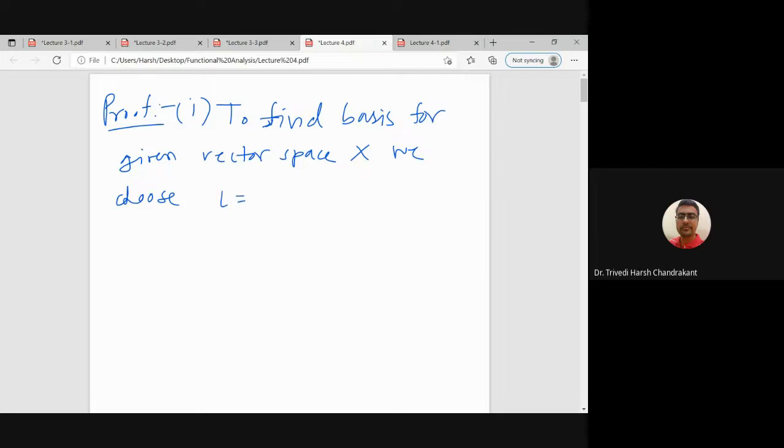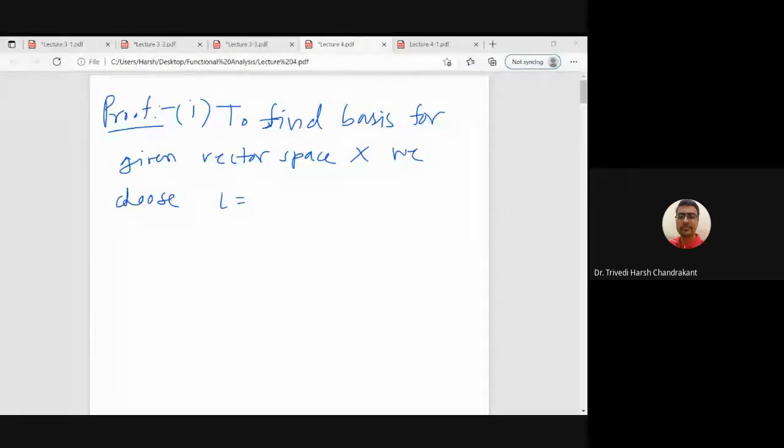So can you give the simplest linearly independent set in any vector space? Yes, Jayesh. So what is the question? We have any vector space. Then what is the simplest linearly independent set in that vector space? So the zero set. See, again I'm asking the question.